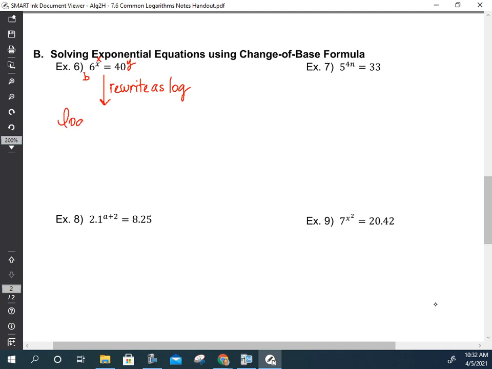So log base 6 of 40 equals x. The first step, rewrite it as a log. So log base 6 of 40, that's just a number.